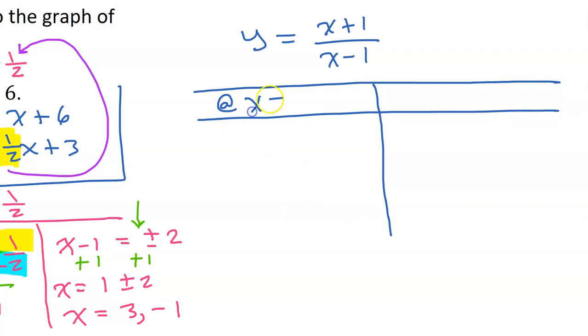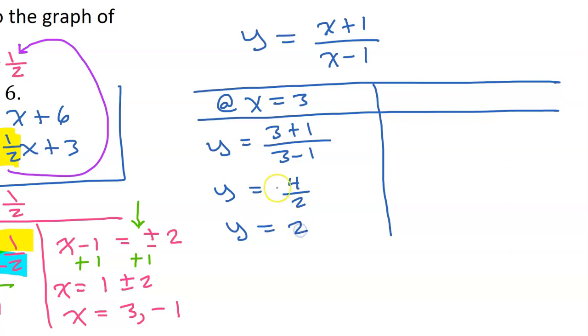So at x equals 3, y will equal 3 plus 1 over 3 minus 1. So that's going to be y equals 4 over 2. So y equals 2. So that gives us a point, x and y, of 3, 2.